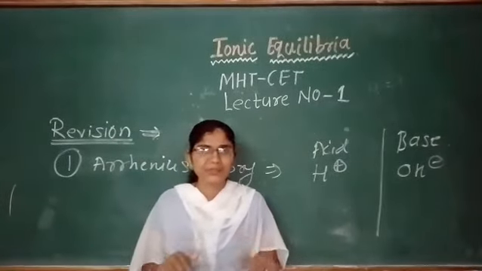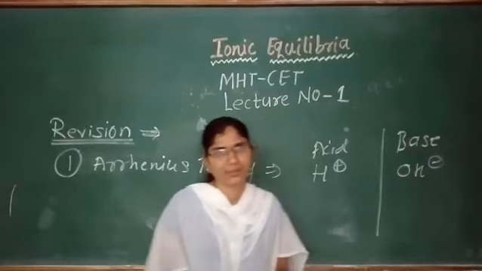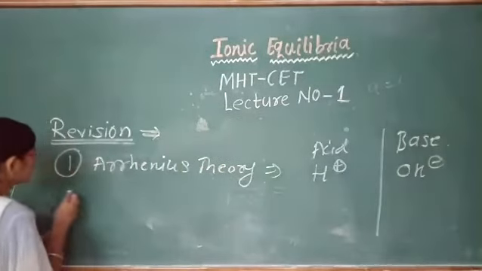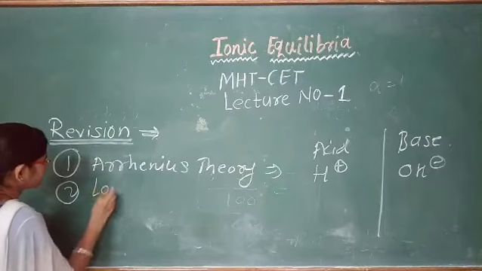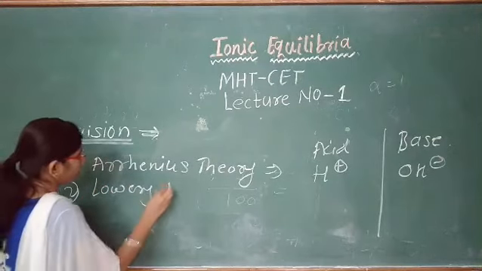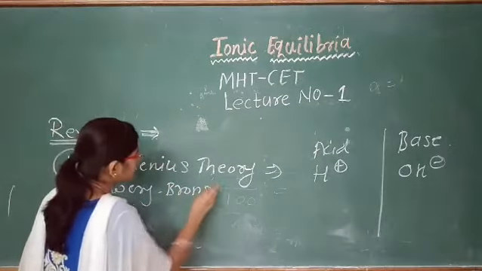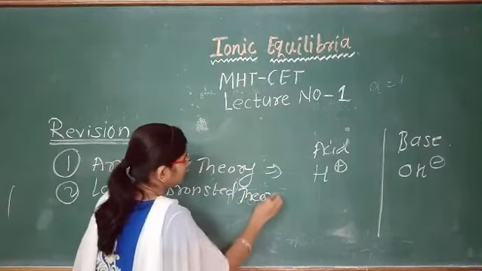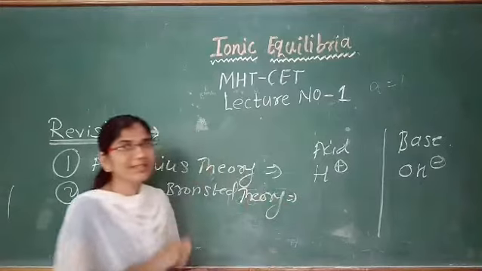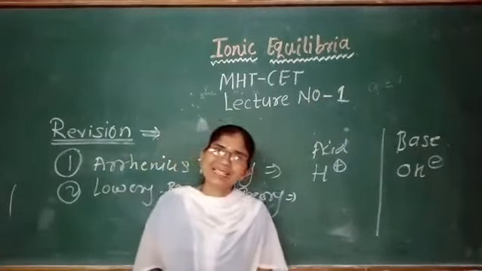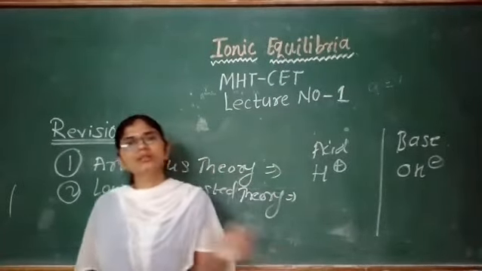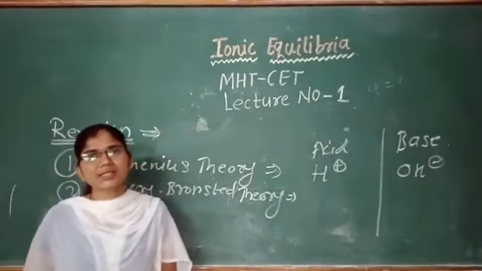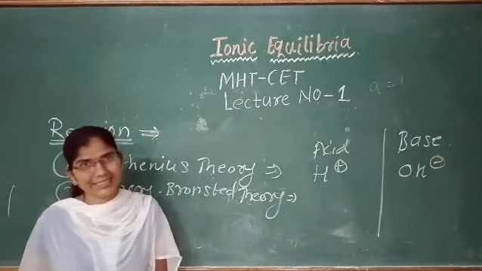So the new concept from the scientists Lowry and Bronsted explains acids and bases to overcome the limitations of the Arrhenius theory.